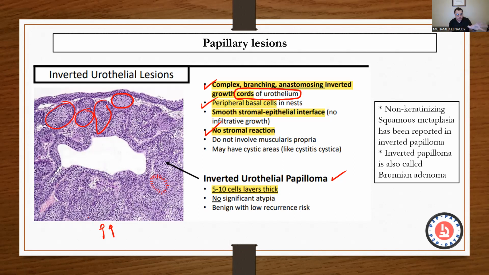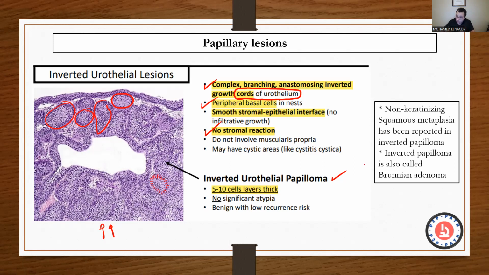Well, I said, okay, this is inverted urothelial lesion, but I saw some areas of squamous cells. Am I dealing with invasive urothelial carcinoma with squamous differentiation? This is like non-keratinized squamous epithelium, so I see squamous epithelium in the middle.